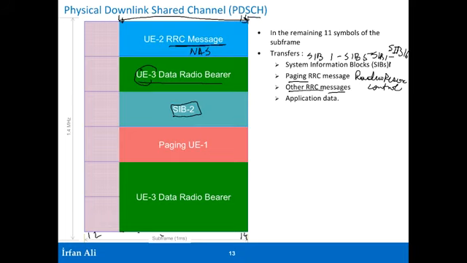It's present in this particular resource block, and these two resource blocks are carrying the UE data radio information. You can see that the UE data radio information can be spread out in the downlink channel in non-contiguous resource blocks.